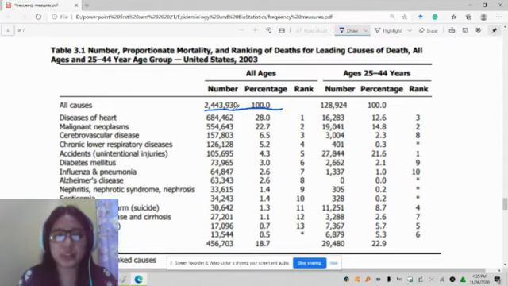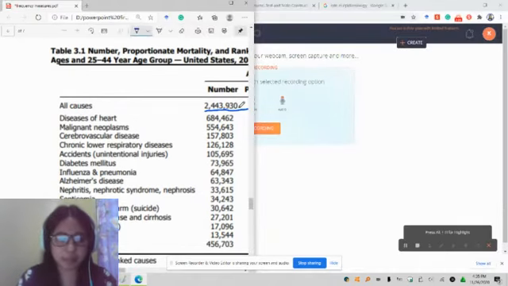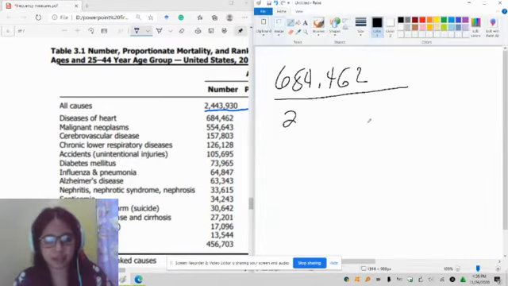100%. And for you to compute the proportionate mortality, it is simply dividing the number, or rather the frequency, in each of the causes over the total number, which is 2,443,930, and multiplying it by 100.